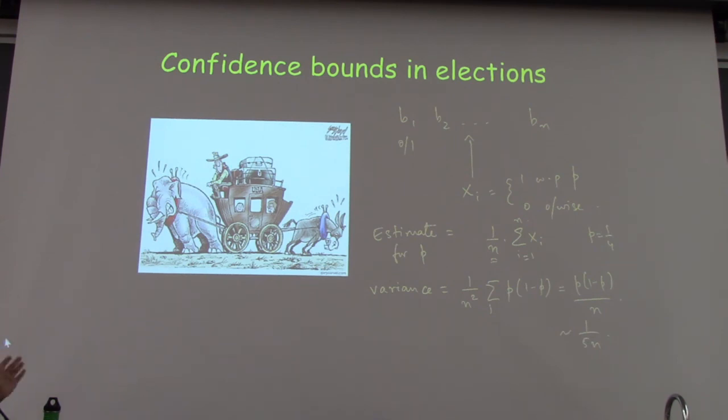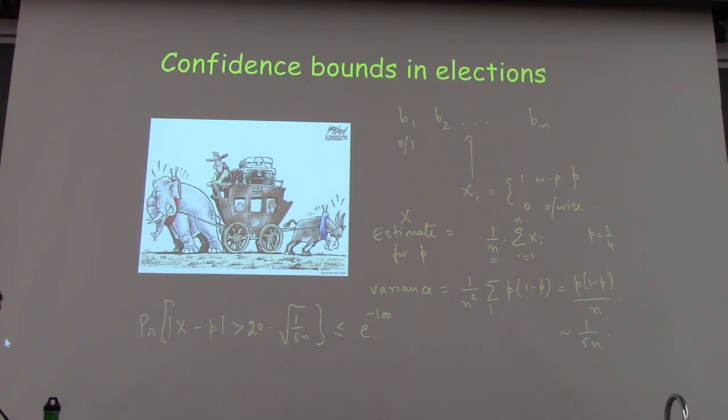So now what does Chernoff bound tell us? It tells us that the probability that X, which is our random variable, our estimate, minus the expectation, which is always p, is more than, let's say, 10 times the square root of 1 by 5n, is less than or equal to e to the minus 100, if I just use the 20 as I did before.